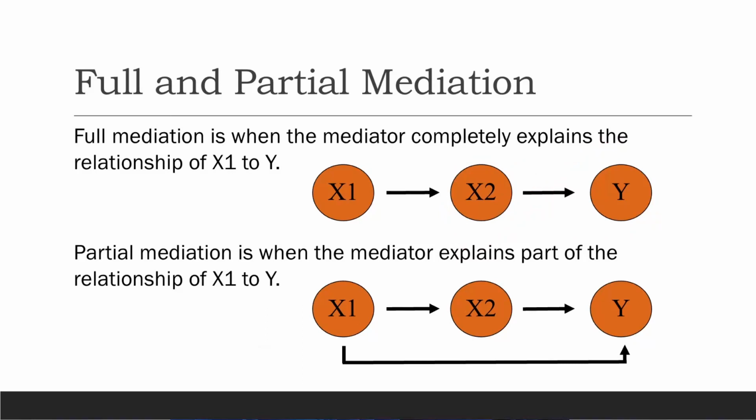But it's often the case where we have partial mediation. That is, part of the explanation could go through the mediator, but the other aspect of our covariation of X1 with Y is that X1 directly influences Y. So in the example I just gave, X1 influences income, which allows us to take advantage of better medical services, which in fact would influence the length of life.